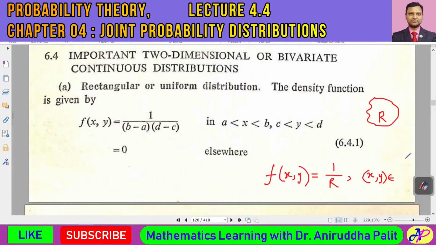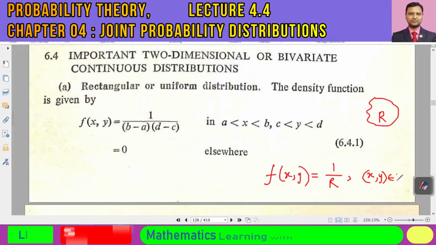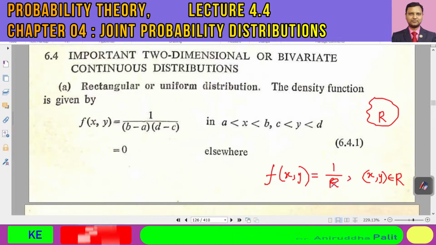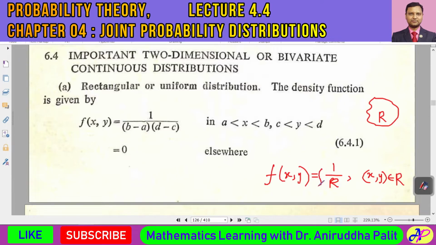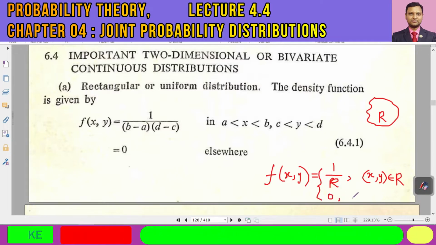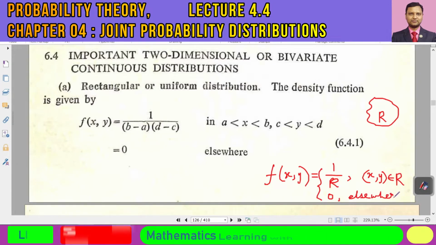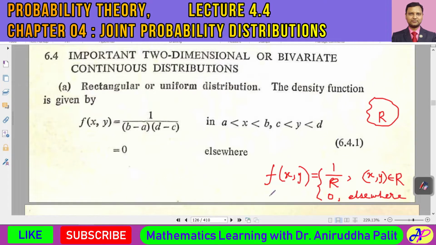This set is also denoted by the same notation R, because we do not have any confusion: over here this is a real number, maybe 2 square unit or 3 square unit, and over here this is a set. So from the notation it is clear that there is no confusion at all. The density function is equal to 0 elsewhere. In this fashion we can define a uniform distribution.